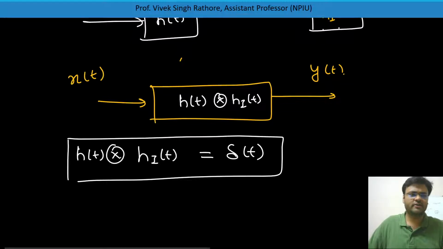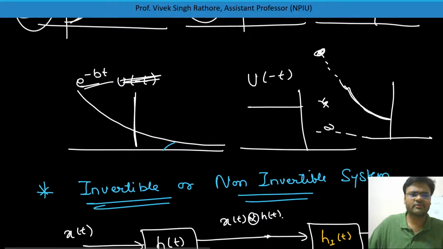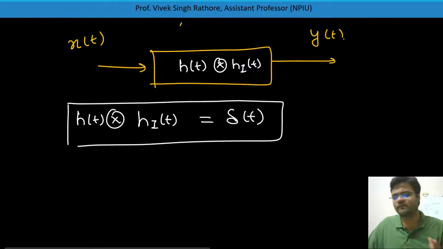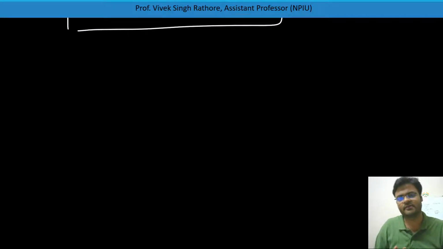Because ultimately what you are aiming at is that h of i should be the inverse of h of t for an inverse system. So if both signals when convolved give a delta t, it is said to be an invertible system. So by this method, by observing the impulse response, you can check whether the system is invertible or not.